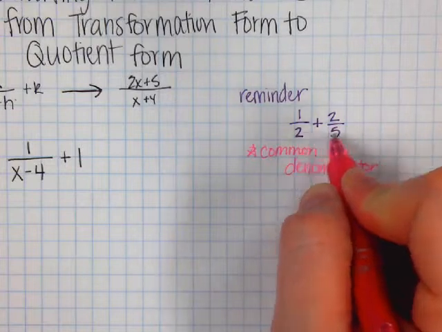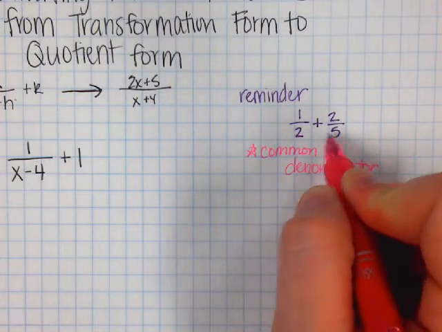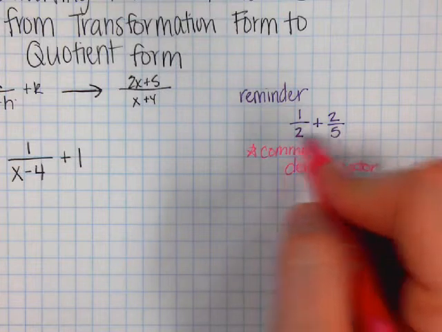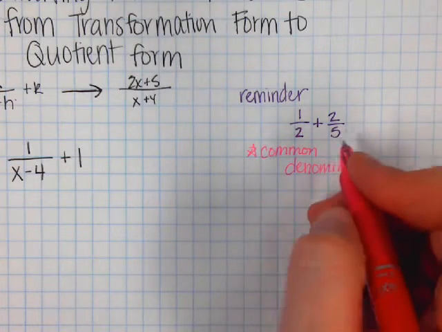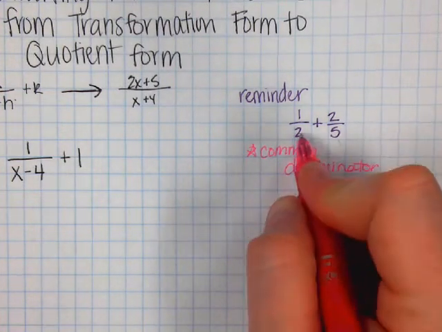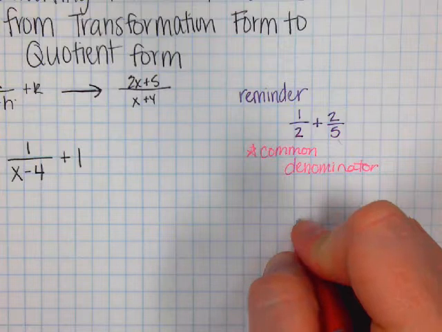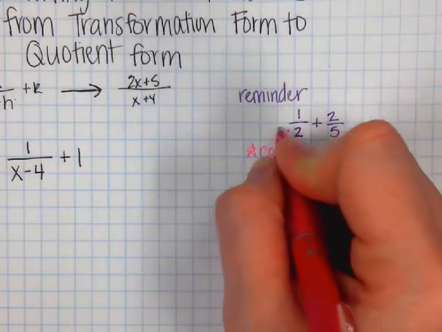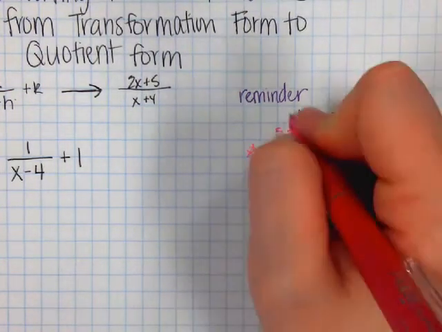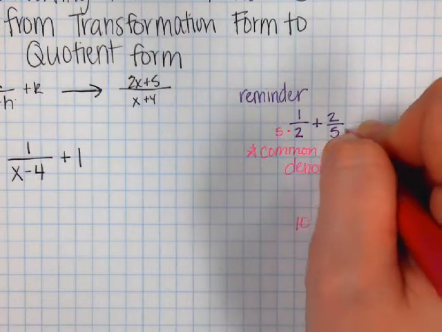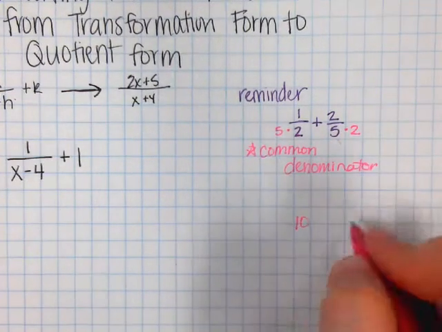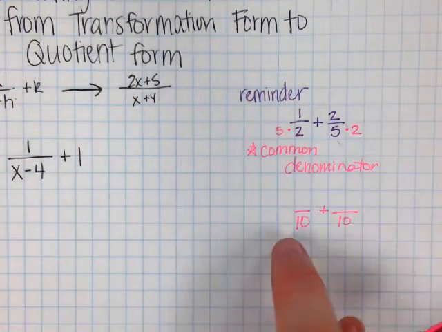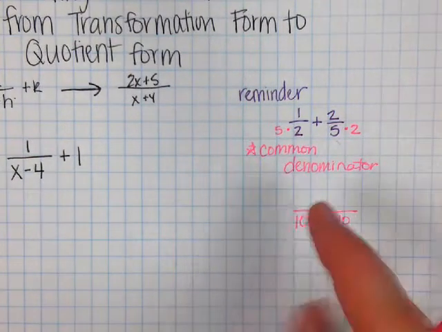So 2 and 5, you want to find the number that you can multiply each of those by to get to the same thing. So we're going to get these to be over 10, because 2 times 5 gives you 10, and then 5 times 2 would give you 10 as well. So the step I'm doing right here is just to get a common denominator.